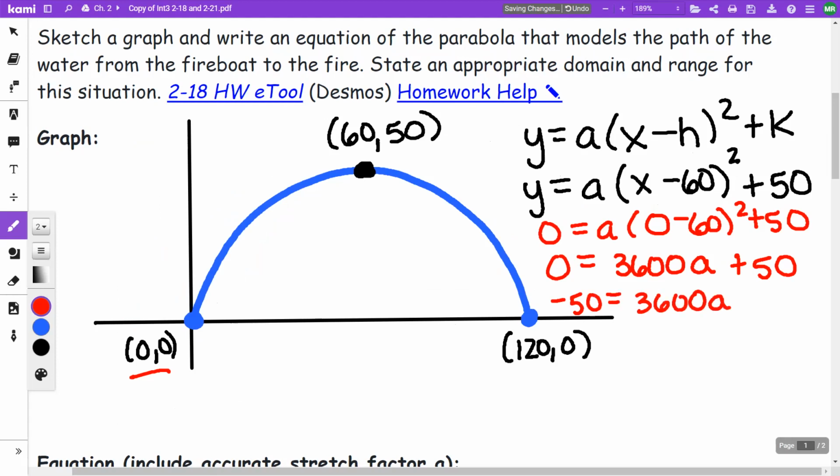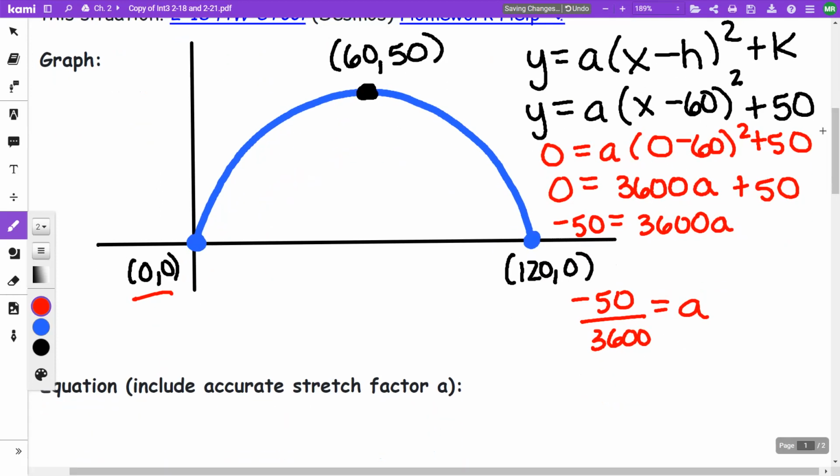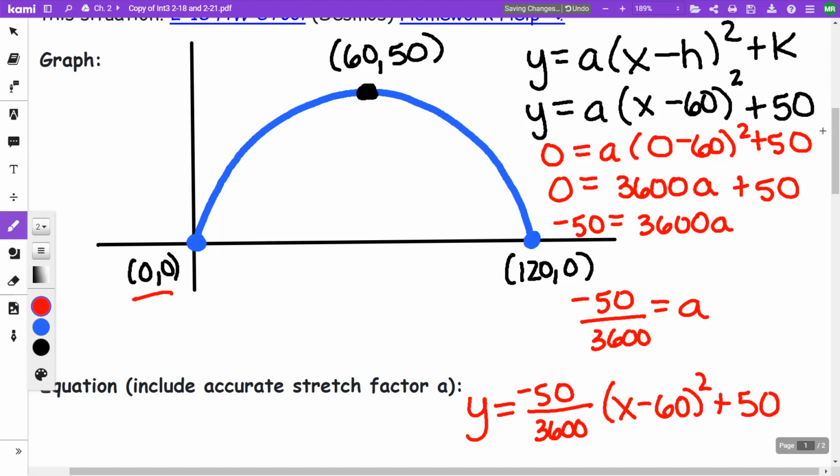I'm going to divide both sides by 3,600. And that is our A. Now, if you want to simplify that fraction, you can simplify that fraction, okay? But our final answer, let me just kind of jot it down here, is going to be y equal, again, I'm just going to leave it right now as negative 50 over 3,600. You can reduce that. X minus 60 squared plus 50.